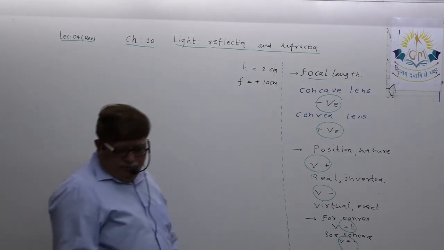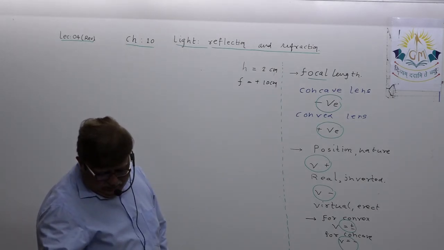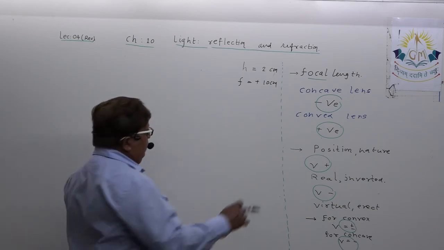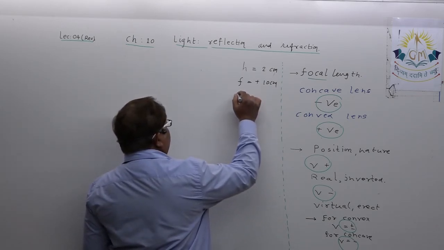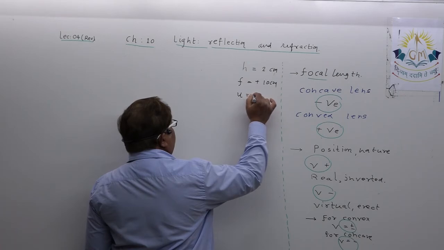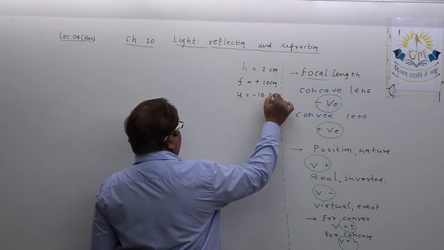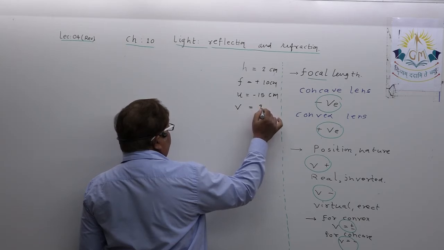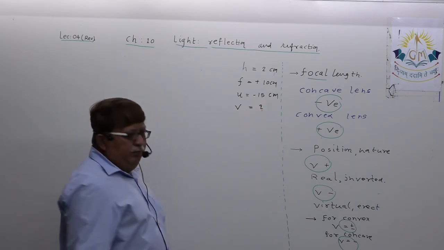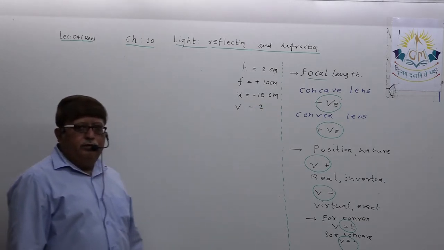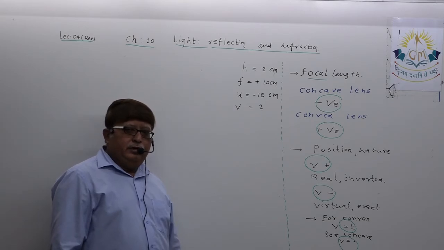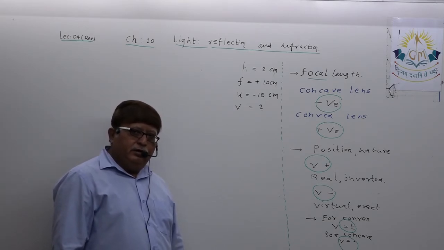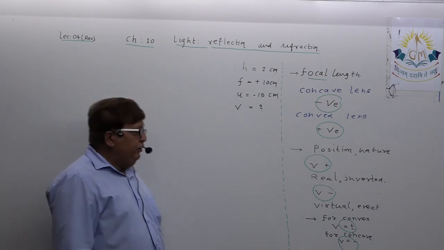Concept has to be very clear, and the distance of the object from the lens is 15 centimeters. So obviously u is minus in any lens. We are looking for v. The value of v is going to decide position and nature of the image. Okay, right?